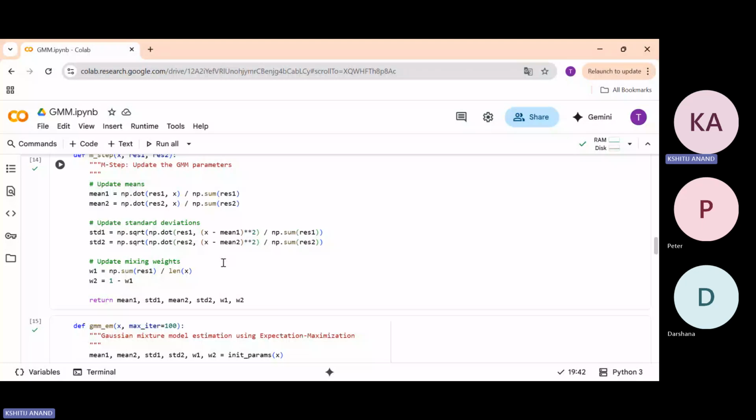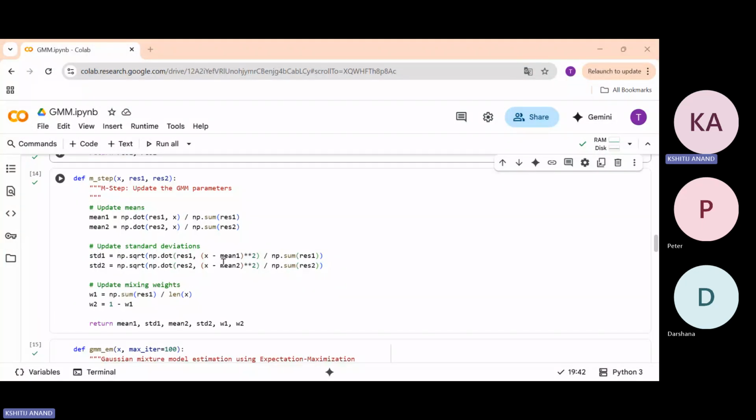Is my screen being shared? No, we cannot see the screen. Okay, so now it should be visible.